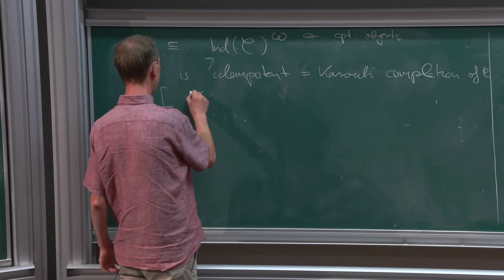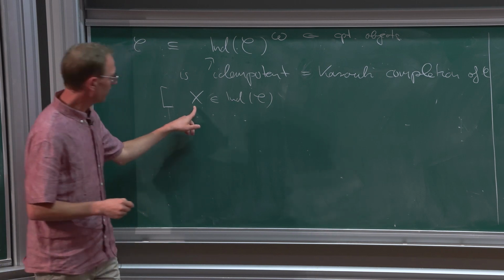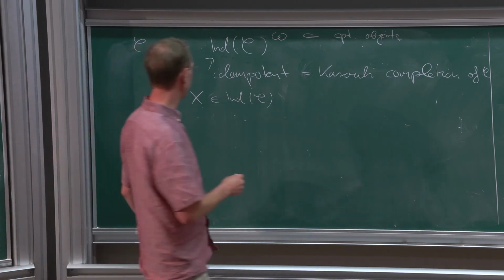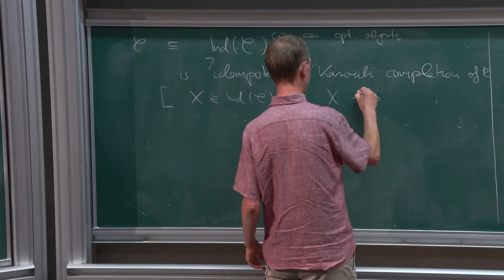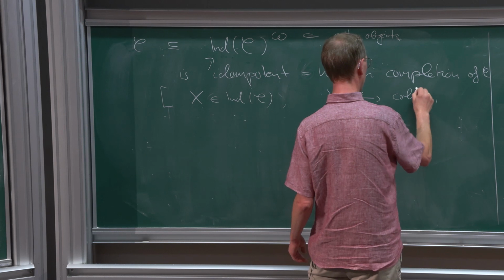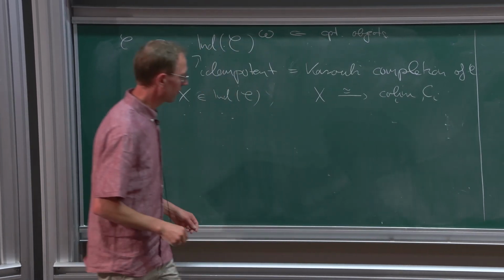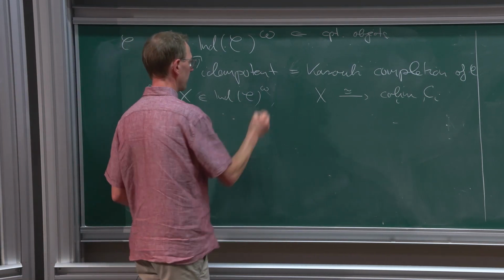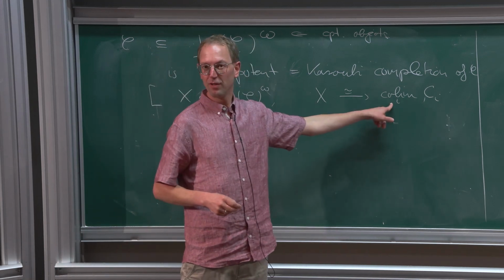So if you have any x in the Ind-completion, then you just write this as a filtered colimit of objects of C, which is possible by definition. So x is equivalent to some filtered colimit of C_i's. So this is some filtered diagram, and this is compact. Take a compact object, but now you have a compact object mapping into some filtered colimit.